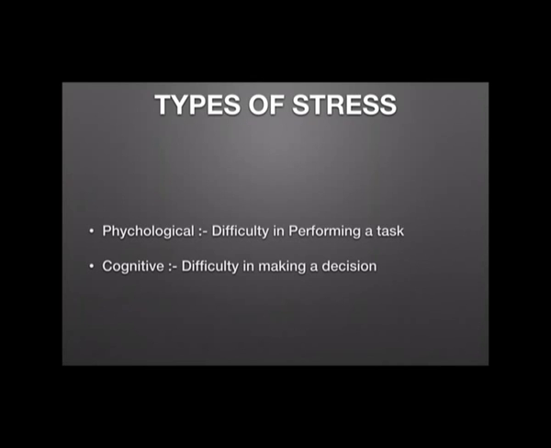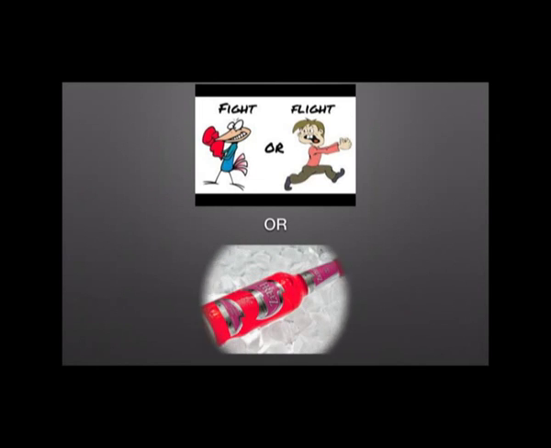Whenever we're faced with a stressful situation, we go through a combination of the psychological and the cognitive stress. And in response to stress, we either fight or flee, or what do we do most of the time? We freeze. We don't know what to do. And if we freeze, the end result is probably catastrophic.